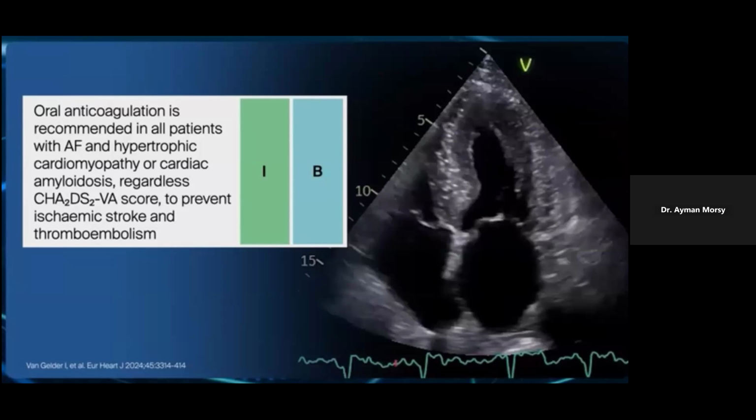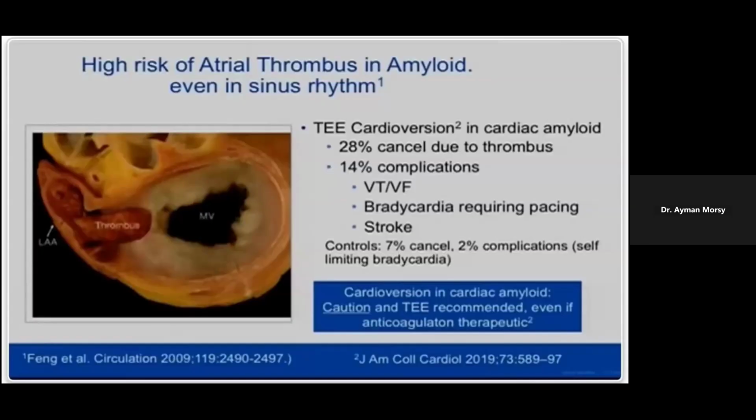So please don't follow the score in this type of patient profile. This is in the European Society of Cardiology 2024 guidelines, ACC, and European Heart Journal, class 1 evidence B. This is my message again, and Dr. Muhammad will definitely inform you.